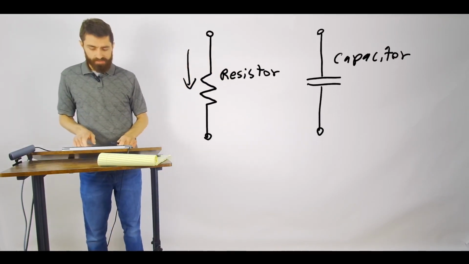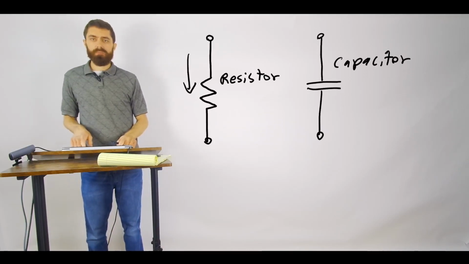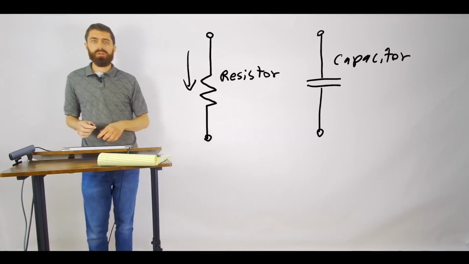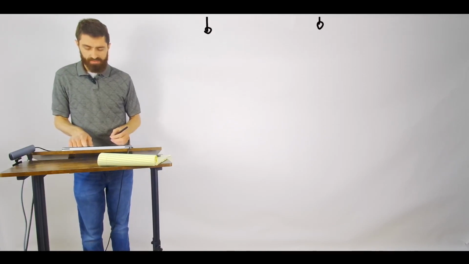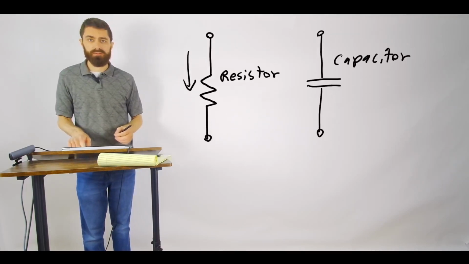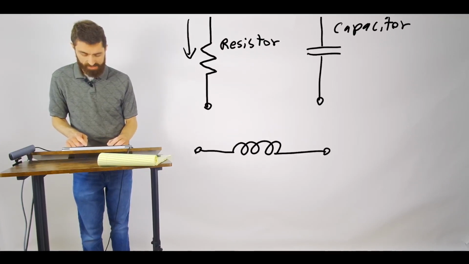So there's resistors, there's capacitors, and we can also talk about voltage sources, or actually, you know what? I missed something here. We should also talk about inductors. The symbol for an inductor is this.